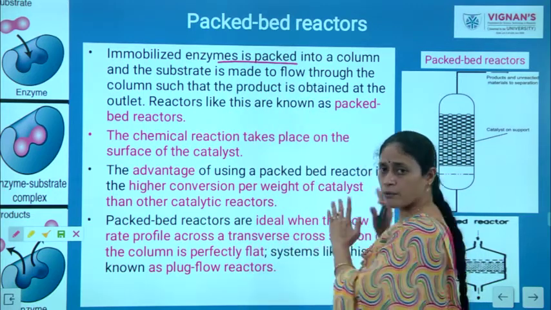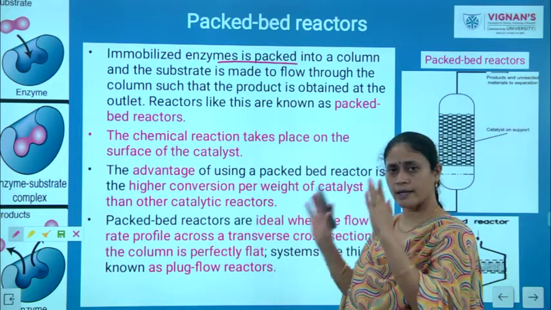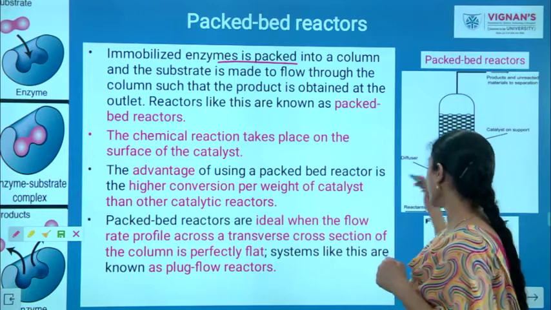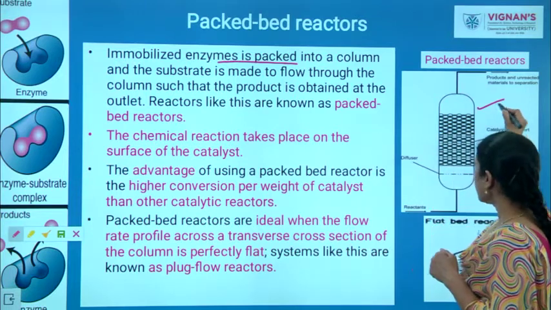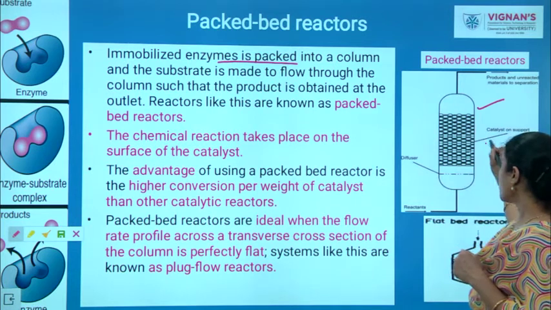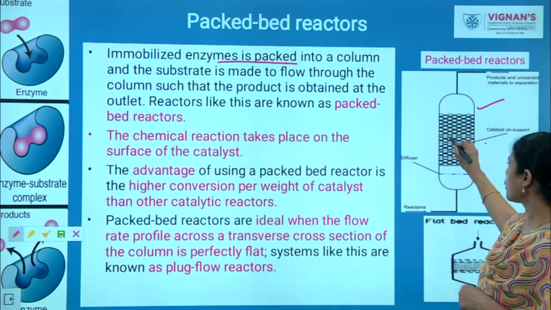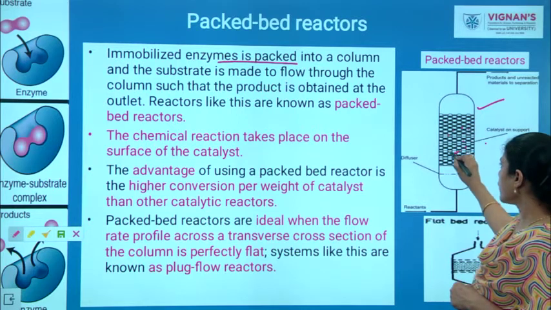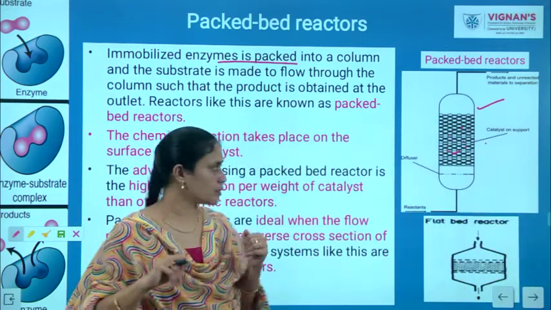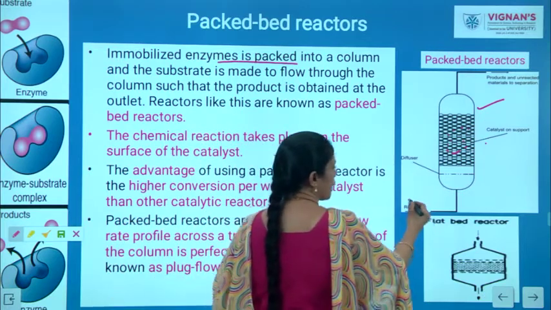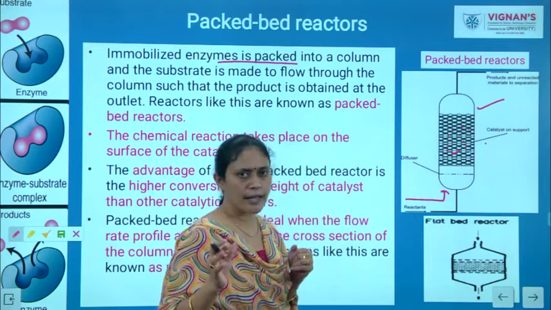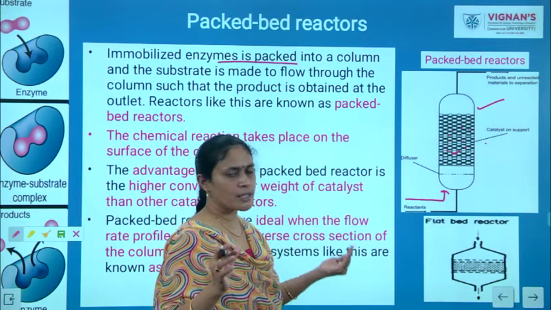We are considering a reactor which is like a column, and we pack the immobilized enzyme into it. Let us consider that this is a column and this is your packed bed reactor. Your catalyst is packed on a support, and you continuously supply your reactants. You can supply the reactant from either the upper side or the lower side of the reactor.